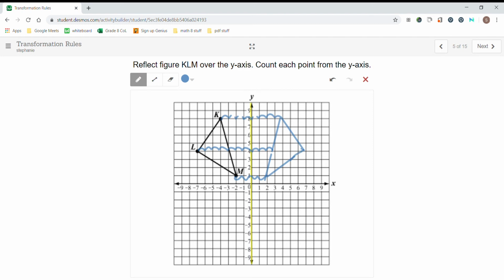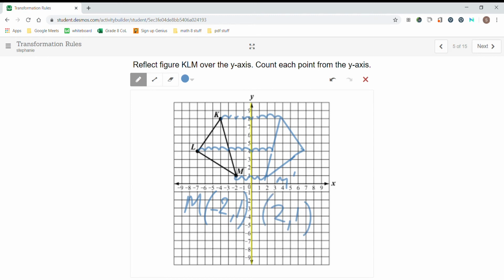Now, if we look at, I'm going to use M as my example. M right now is at -2, 1. Well, I reflected it over, and this is M prime. M prime is at 2, 1.